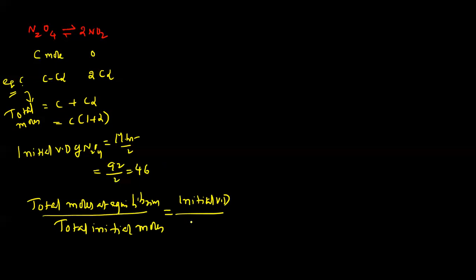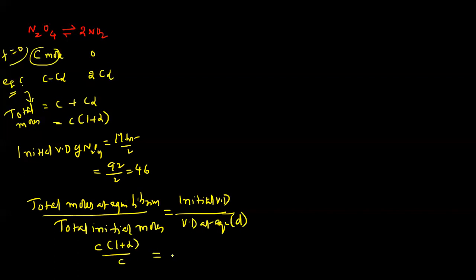I am taking small d for vapor density. In this, the total number of moles at equilibrium is C into (1 plus alpha), by total initial moles. The total initial moles will be C, since we have taken initially at t equals 0 it is C.